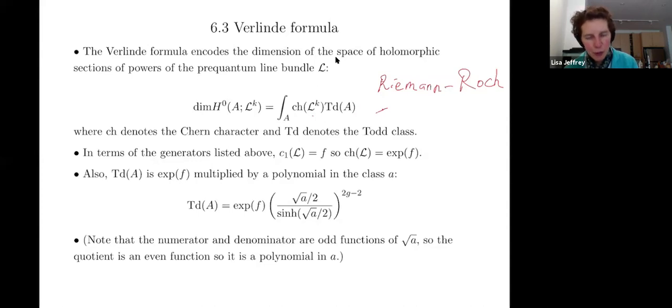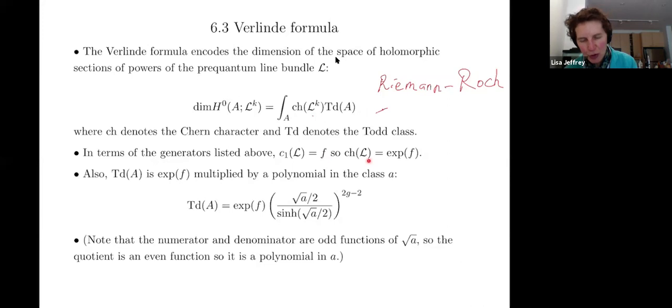So in terms of our previous generators, the first Chern class of the pre-quantum line bundle is our class F, which is the de Rham cohomology class of the symplectic form.